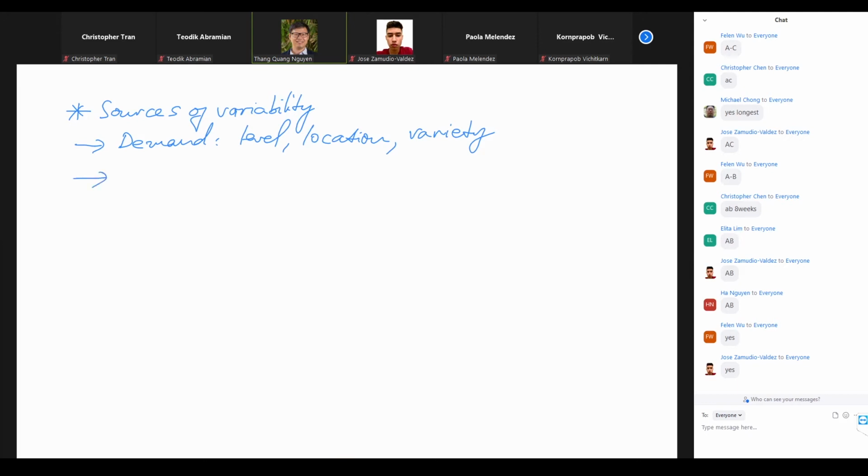Another source of variability is called the bullwhip effect. So the bullwhip effect is actually the exaggeration of the demand variability over the supply chain. To see that, I would like to draw the following picture. Can I illustrate it? Okay, so let's draw the supply chain in the reverse order. In this case, I will draw the customers first, right?